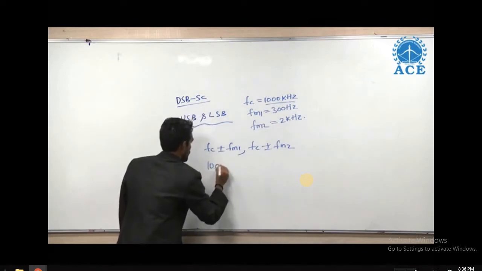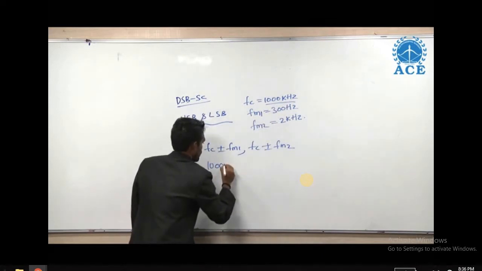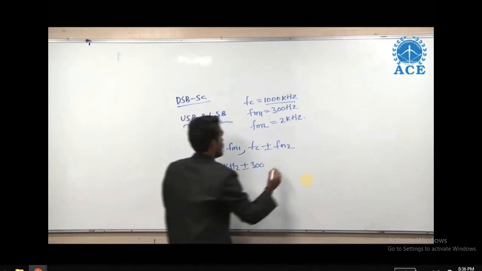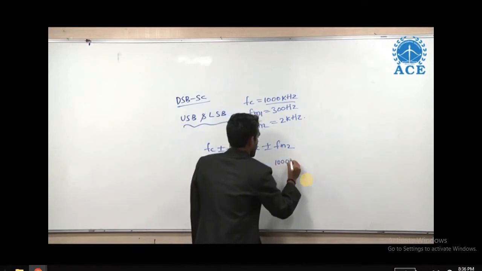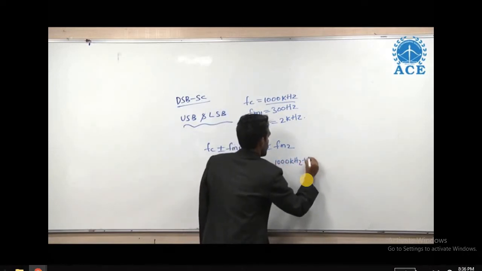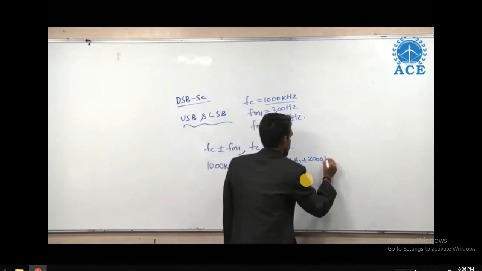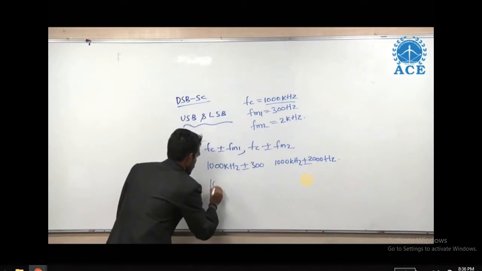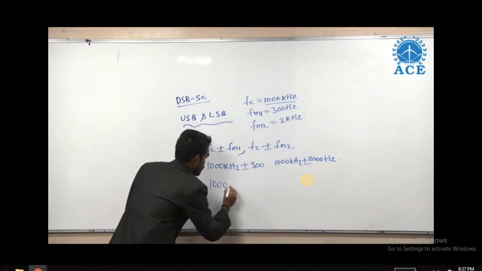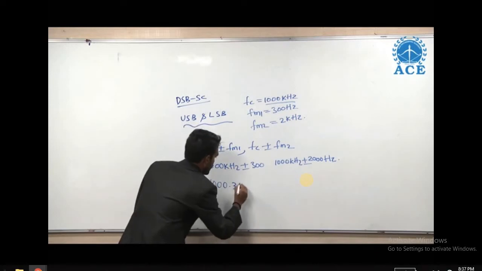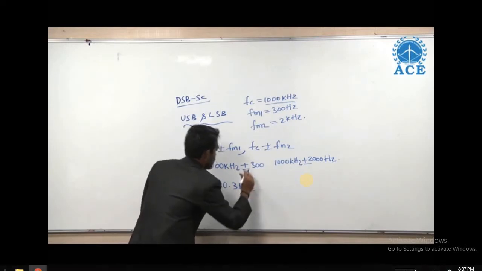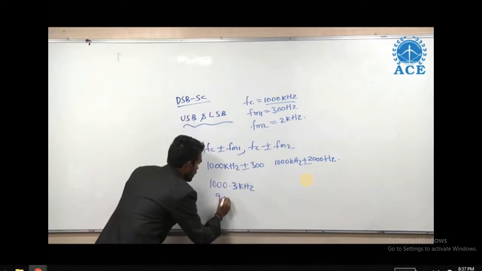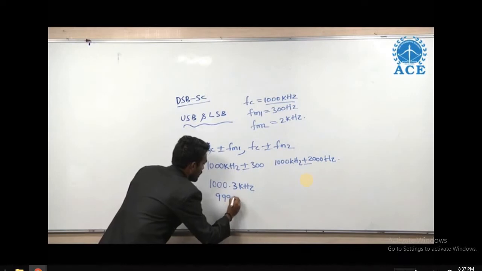So, 1000 kHz plus or minus 300 Hz, and 1000 kHz plus or minus 2000 Hz. So, here 1000.3 kHz, and we need to subtract 300 Hz from this 1000, so that is 999.7 kHz.